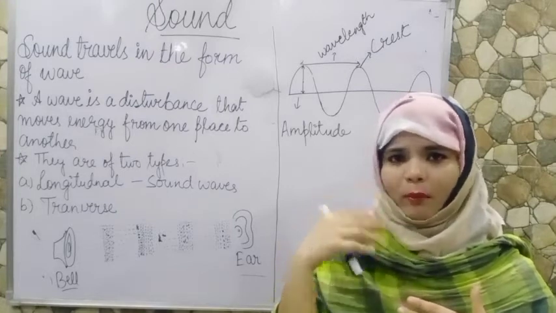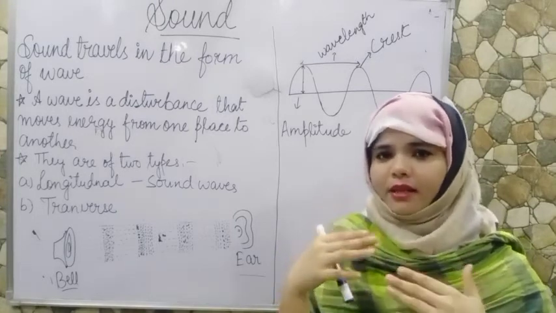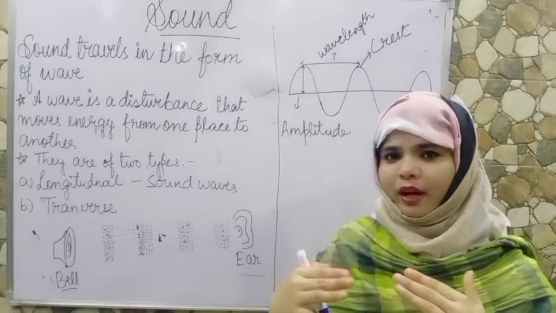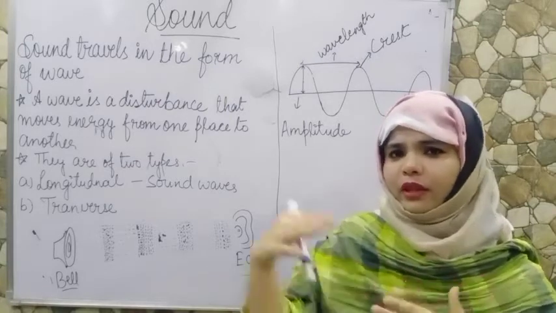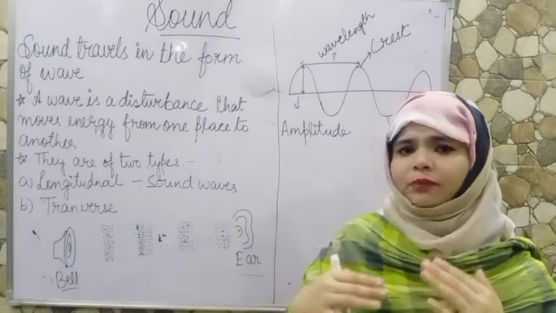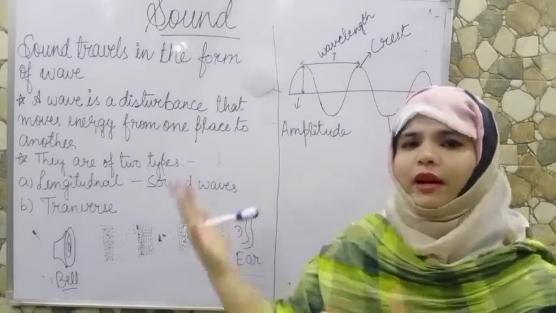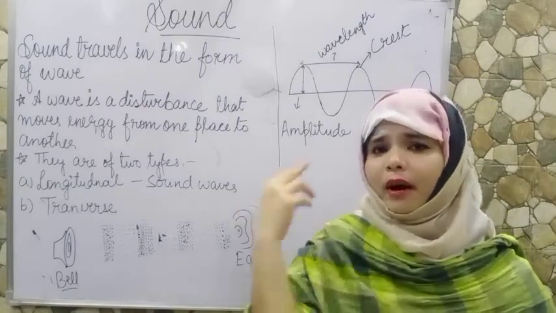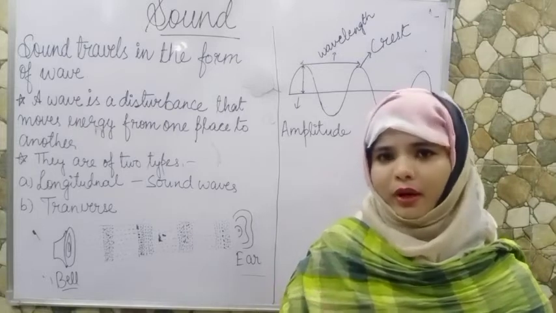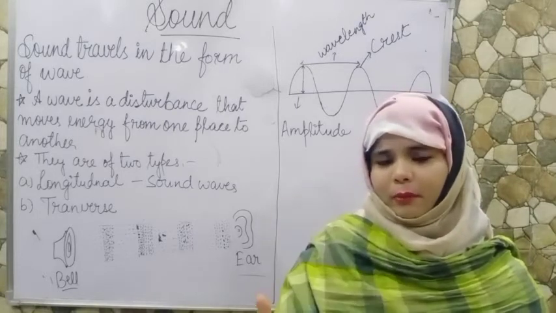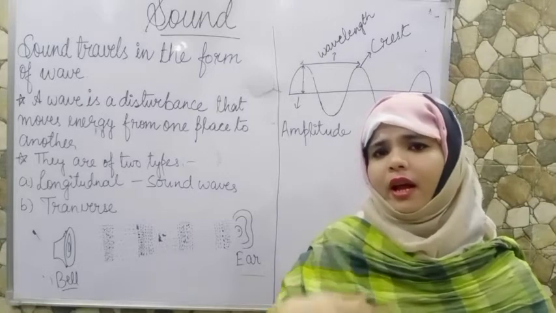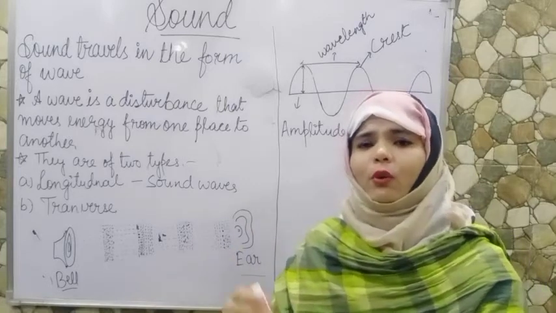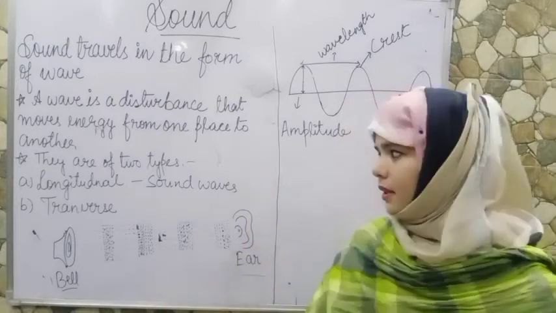The particles near your mouth start vibrating, and they cause further particles to start moving and vibrating, and this vibration continues till the sound reaches the ears of another person.